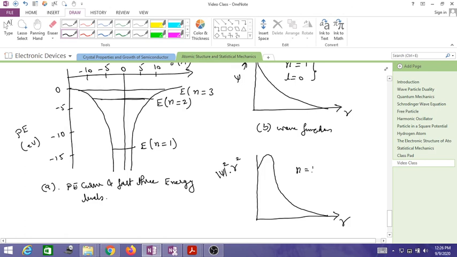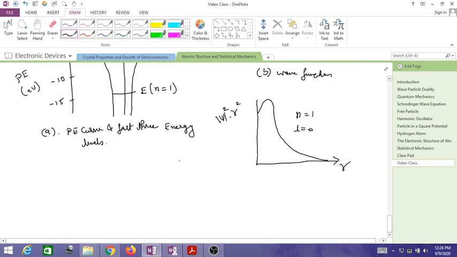This is for n equal to 1 and l equal to 0. This is figure C, the radial position probability for the state with n equal to 1 and l equal to 0.